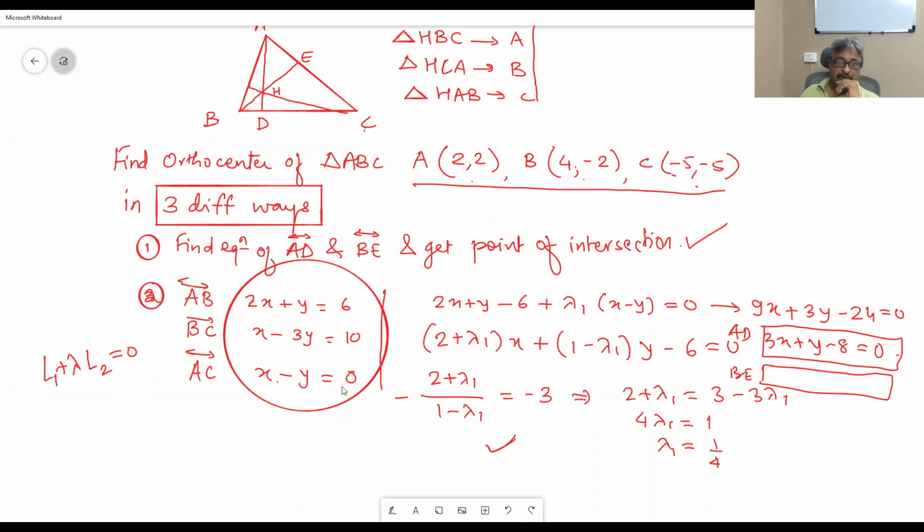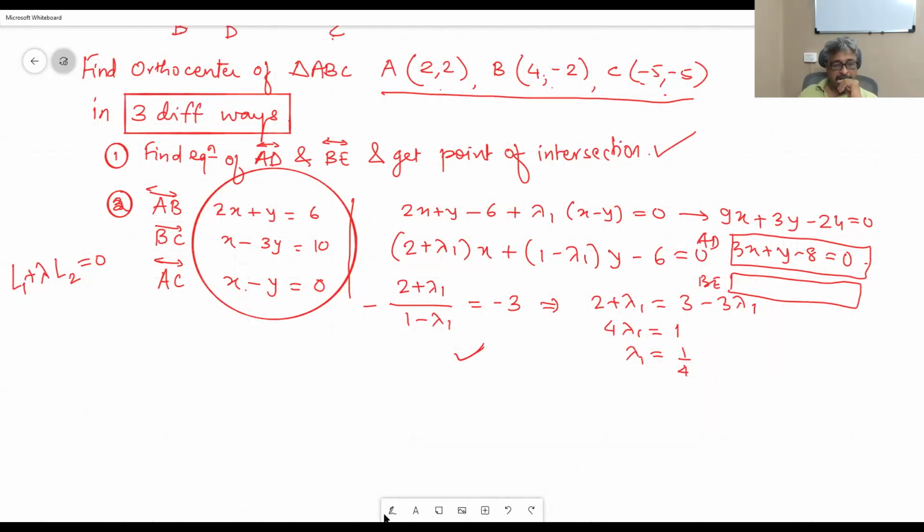And the third method that I wanted to discuss, we have derived it last lecture. First, let me ask you to find the circumcenter of ABC. How will you find the circumcenter of this triangle? If A, B and C are given, one way is to go from orthocenter, centroid and circumcenter.